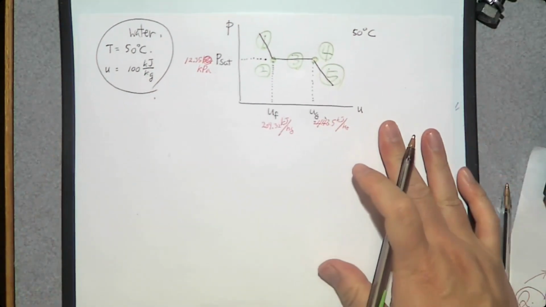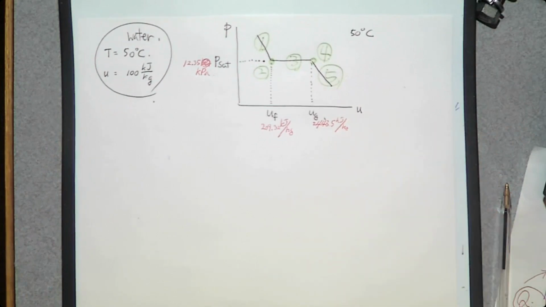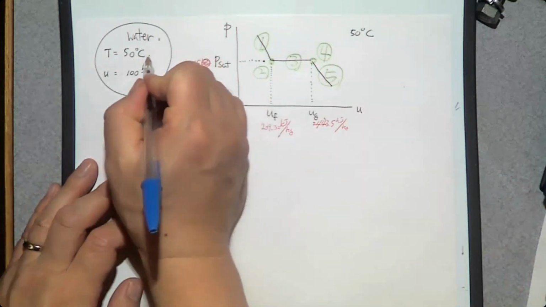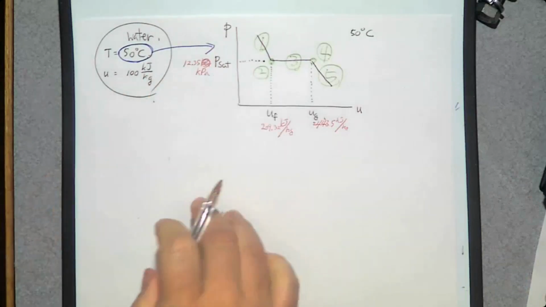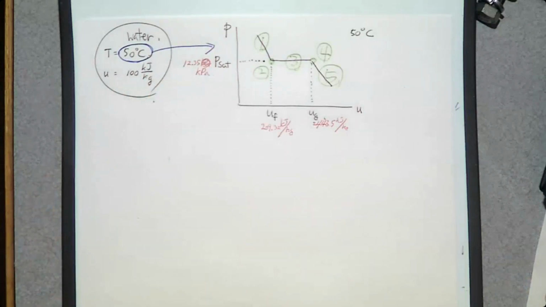So now we are ready to determine the phase change process. We used this property, temperature, to make this PU diagram. Now it's time to use the other property to locate your system. What do we know? We know specific internal energy U. So where is U on this PU diagram? This horizontal axis. So let's find 100. UF is 209. UG is 2400.